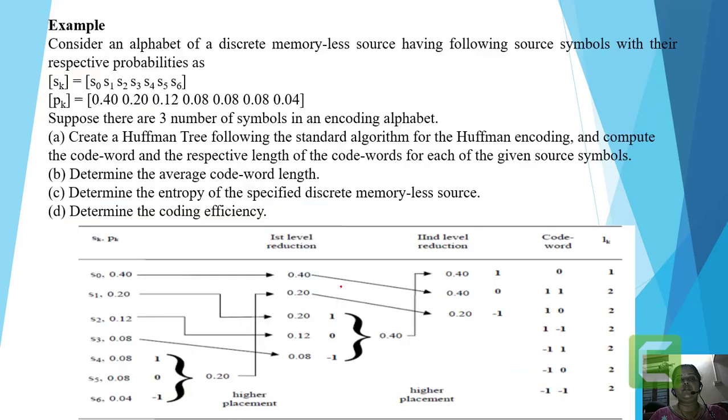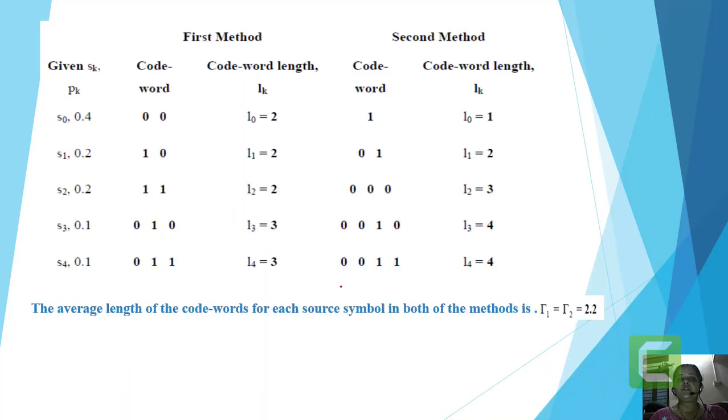If we do this, it is called the second method for the code word calculation. With the same process, the code words obtained for the symbols will be 1, 01, 000, 0010, 0011.